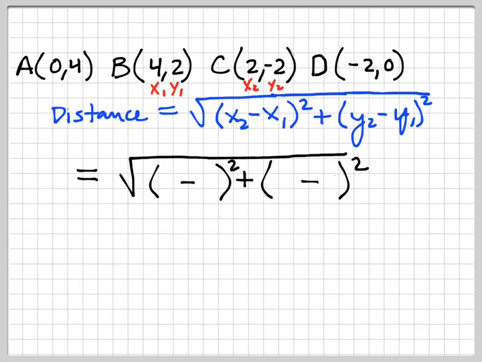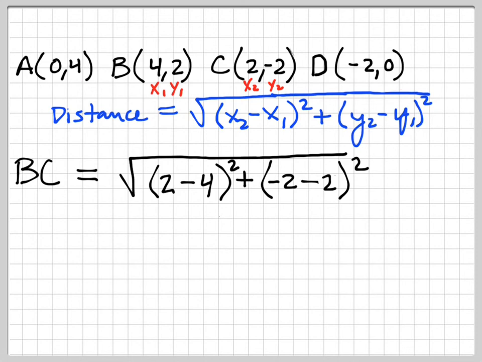This time I want to find the length of BC. And you'll notice I put in my x1, y1, x2, y2, and now I'm going to fill in the appropriate spot. So 2 goes here, 4 goes here, negative 2 goes here, and 2 goes here.